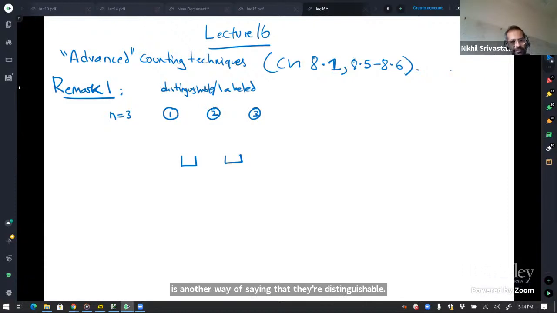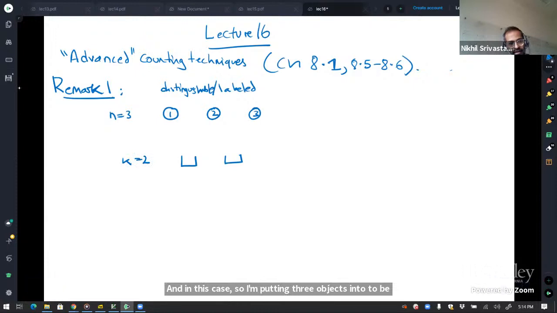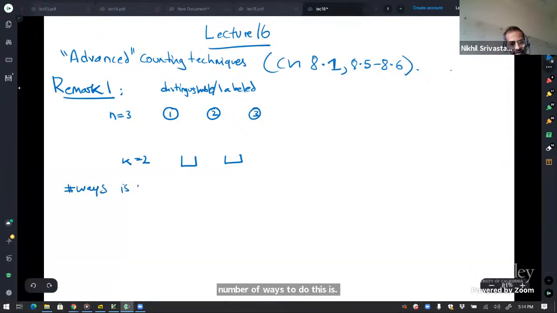The number of ways to do this is k to the n.